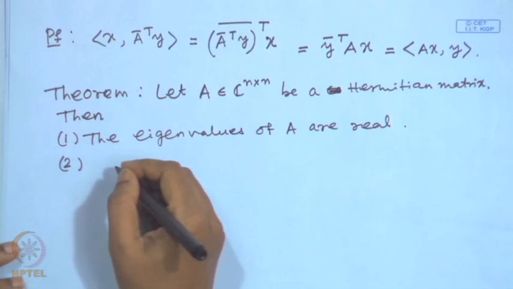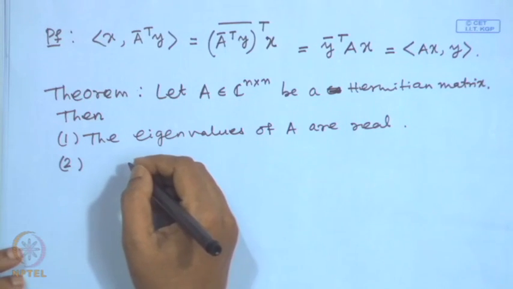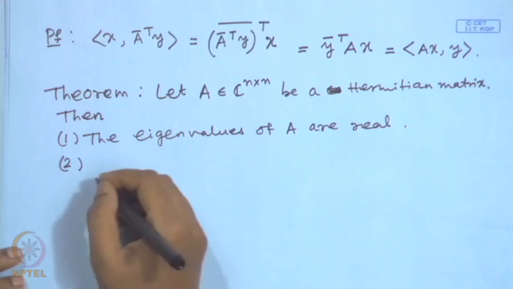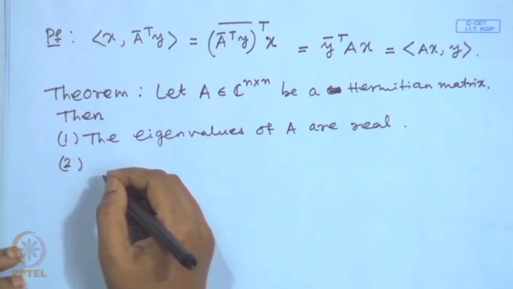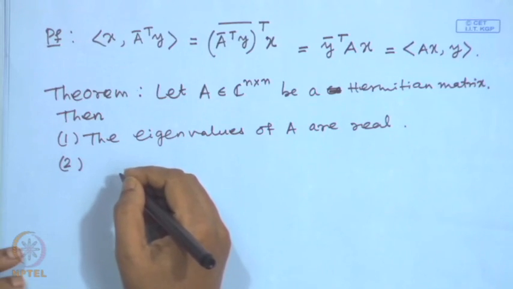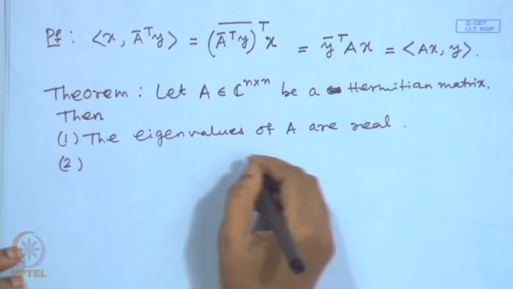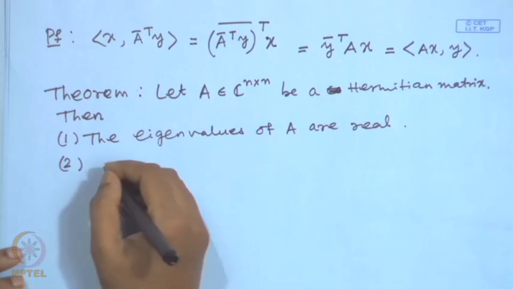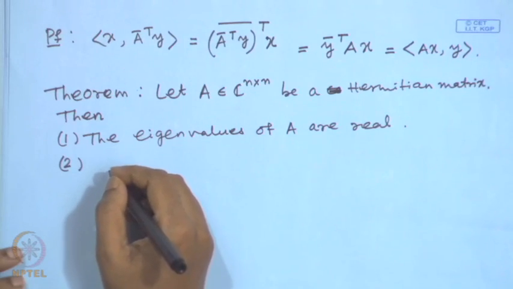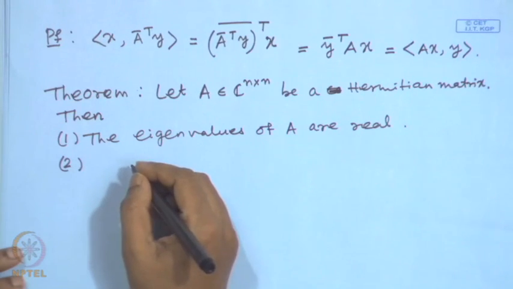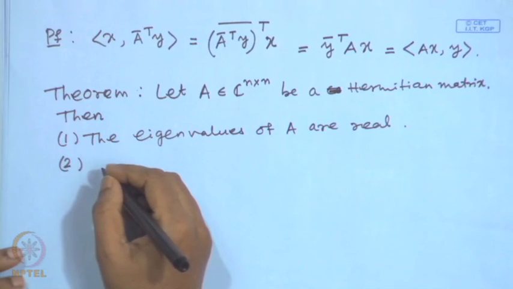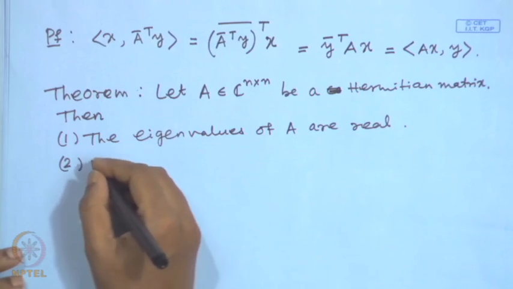So, the eigenvectors corresponding to distinct eigenvalues of A are orthogonal with respect to the standard inner product in Cn. Earlier we have seen that eigenvectors corresponding to distinct eigenvalues are linearly independent, but here the eigenvectors corresponding to distinct eigenvalues of Hermitian matrices are orthogonal.